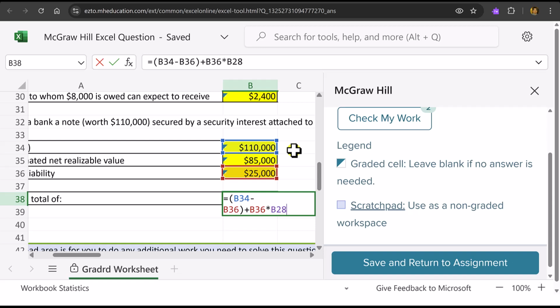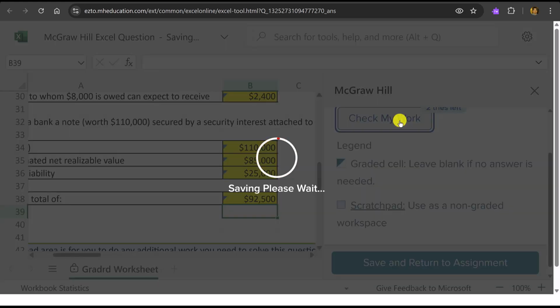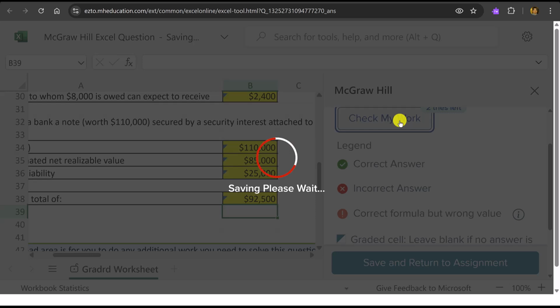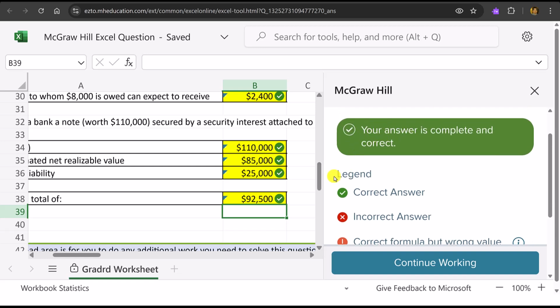Remember the answer before that, 92.5? Still the same, but let's check our work again. I have it correct here. Same answer, but really bad formula, I think.